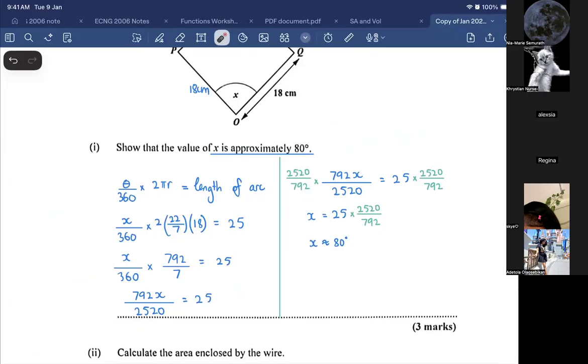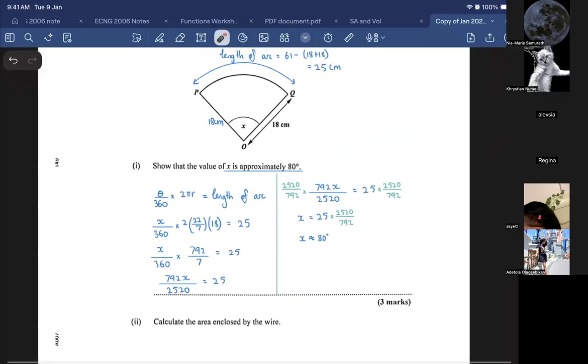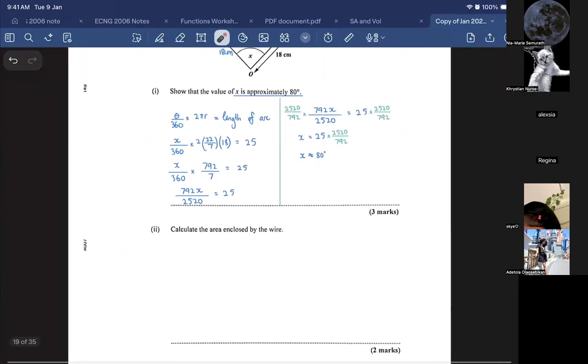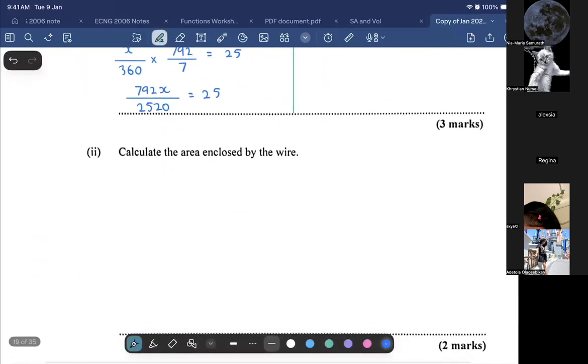All right. So let's move on to the next question. Part 2. Give it a read. Calculate the area enclosed by the wire. So let me just redraw the wire.